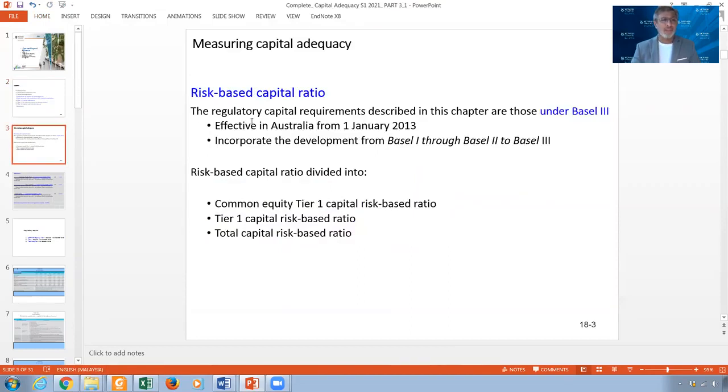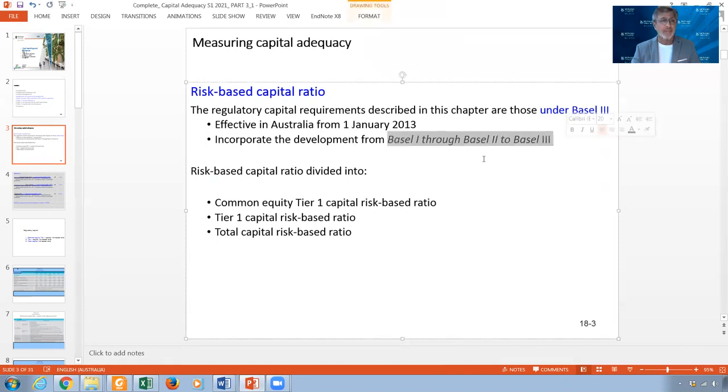Let's first identify the risk-based capital ratio. The regulatory capital requirements described in this chapter are those under Basel III. They are effective in Australia from January 1st, 2013, and the same in Malaysia. It incorporates the development from Basel I to Basel III. But actually, we are not concerned about Basel I or Basel II.